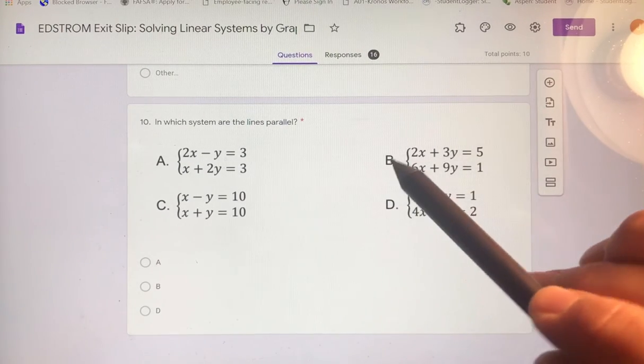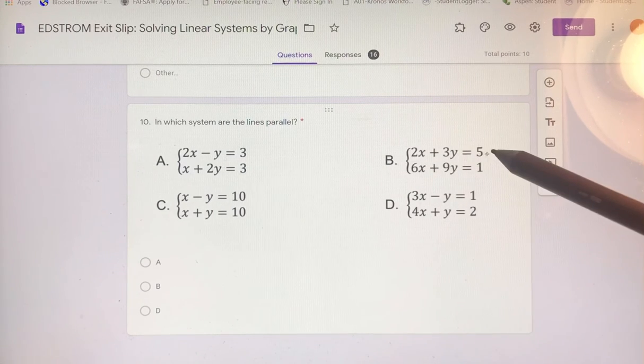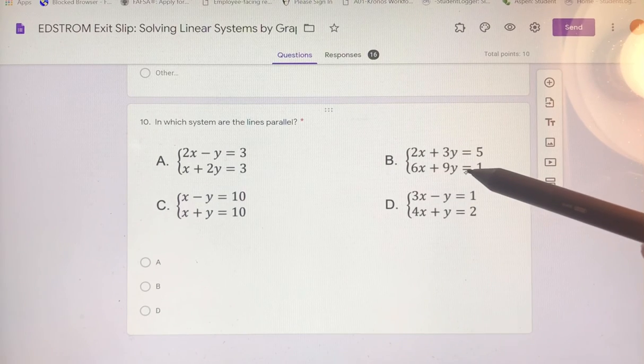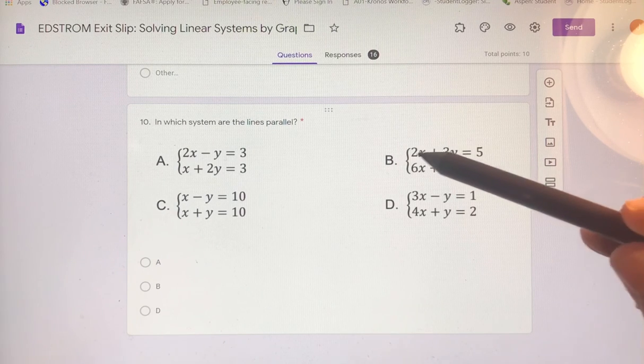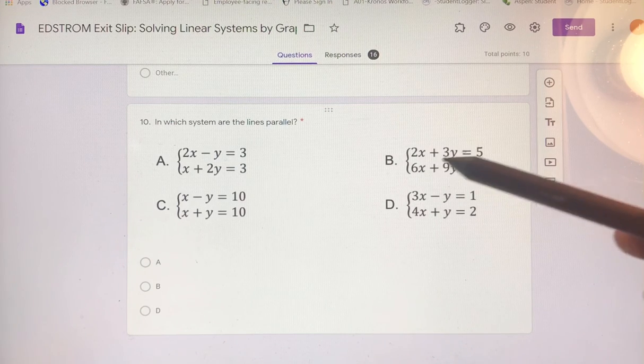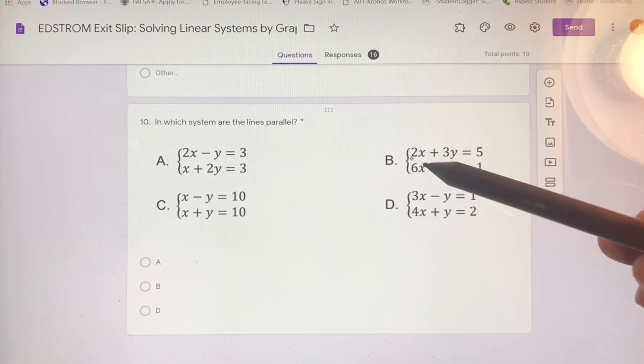And if we isolate y, we will see that the slope in this first equation has a slope of -2/3. And the slope of this one turns out to be -6 over 9. And they both end up having a slope of -2/3. -2/3 and -6/9, same slope, parallel lines.